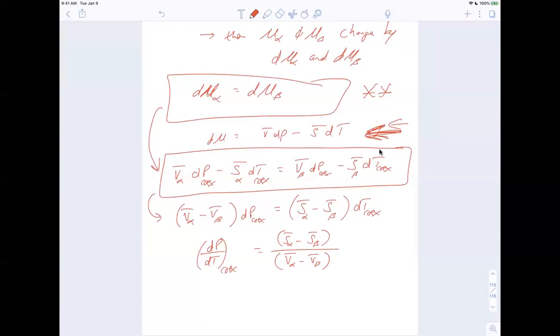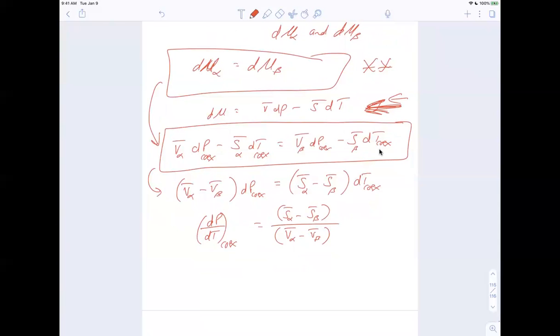Which is really just delta S bar, a delta S to go from phase beta to alpha. So that's the entropy change for a phase change where you have something going from phase beta to phase alpha. Final is alpha, initial is beta.